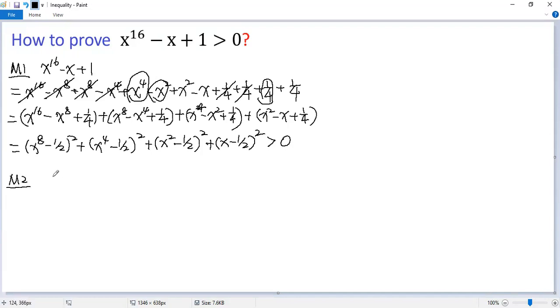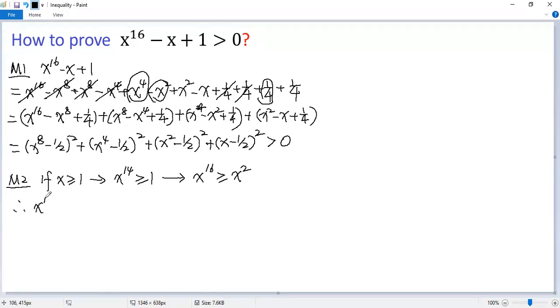We consider two cases. Case 1: if x is greater than or equal to 1, then x to the power of 14 should be greater than or equal to 1. Both sides times x squared, so we get x to the power of 16 greater than or equal to x squared.